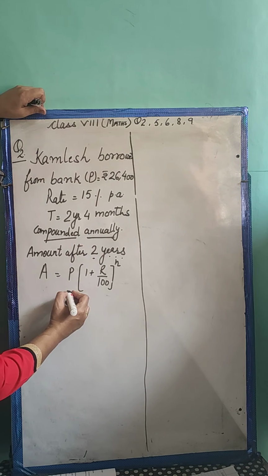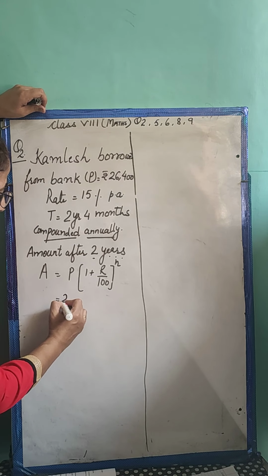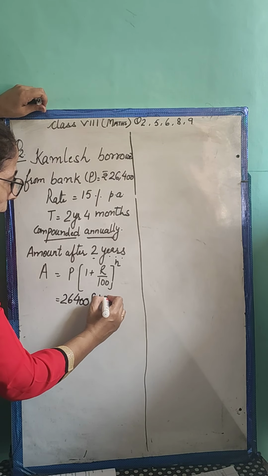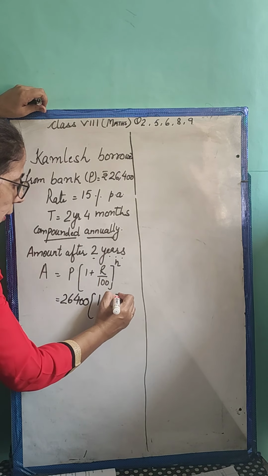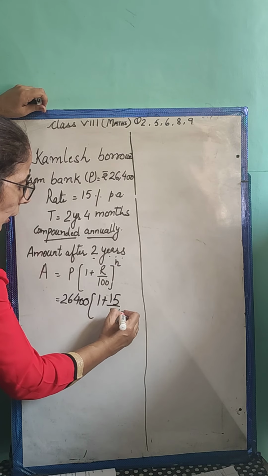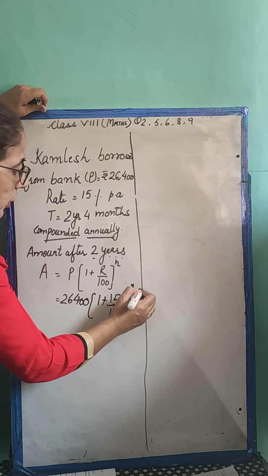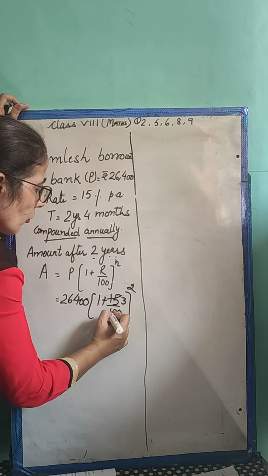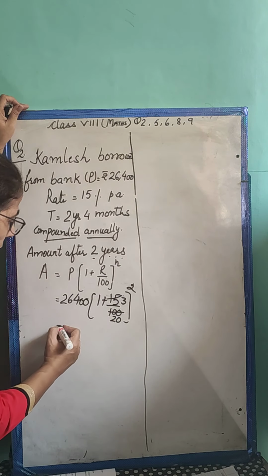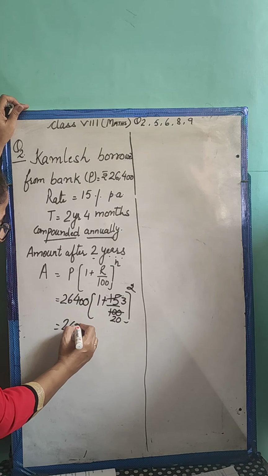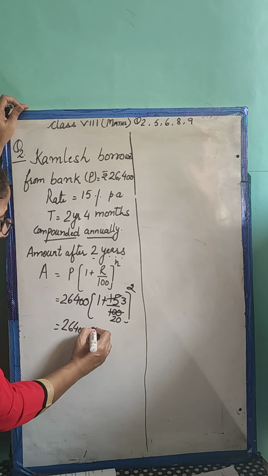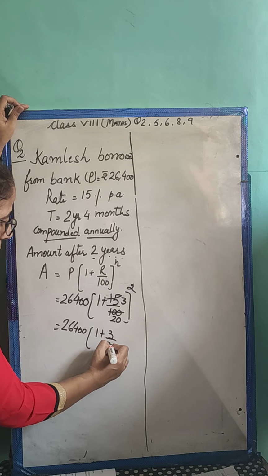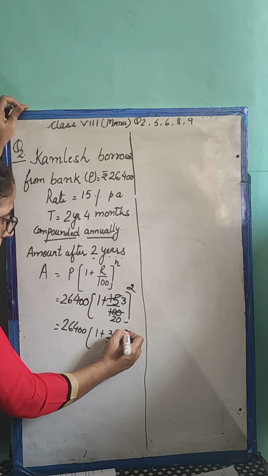So 26,400 into (1 plus 15% per annum), and I am interested in the amount after 2 years. 5 3s are 15, 20. So this is 26,400 into (1 plus 3 by 20) whole raised to power 2.